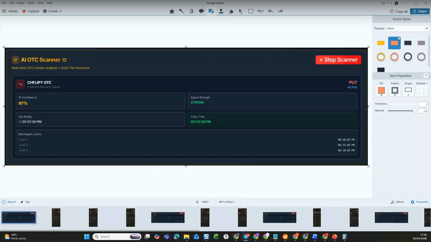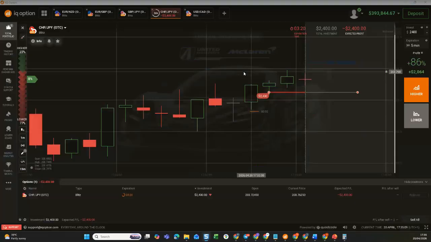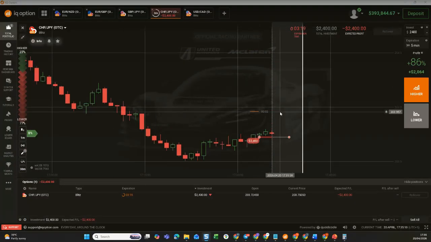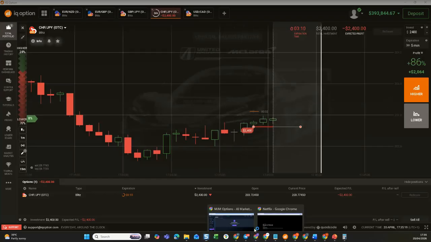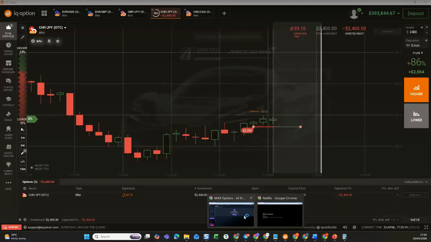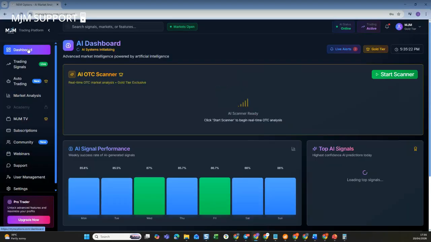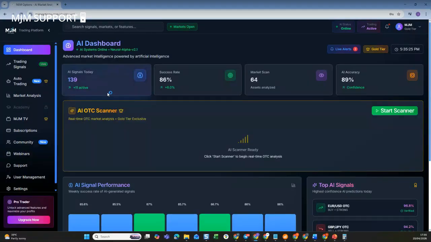Okay, so for those of us who are just joining in for the very first time, how do you get access to the AI? I know you guys have been asking. It is very, very simple. The first step is for you to register on mgmoptions.com. That is where the AI is. That is the website for the AI. After you register there, you go ahead and send me the email you registered with.